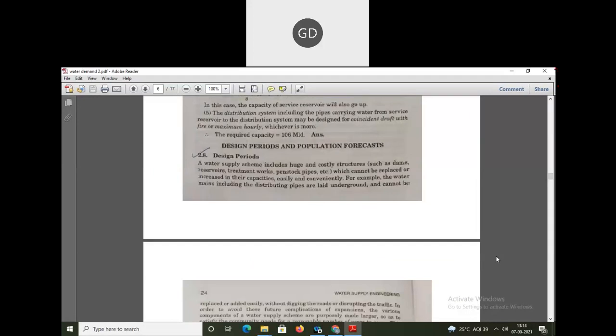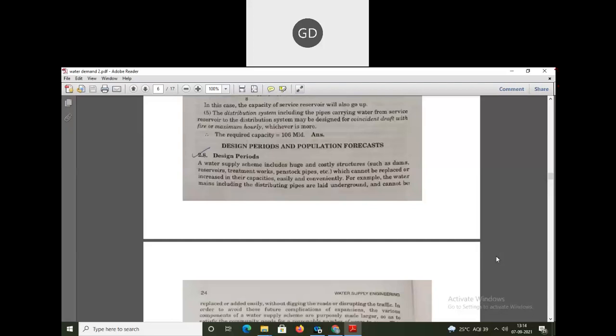So what is a design period? Whenever you are going to design a water supply scheme, each component of this water supply scheme is very costly. Each structure is very costly.